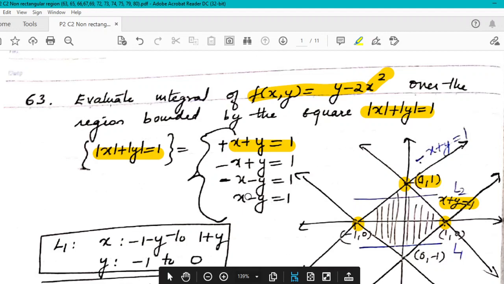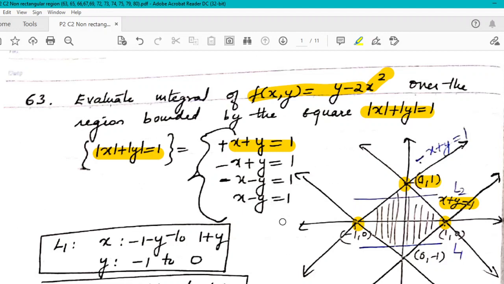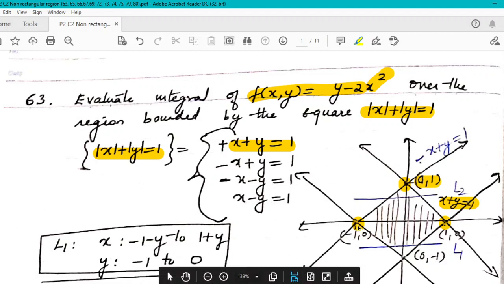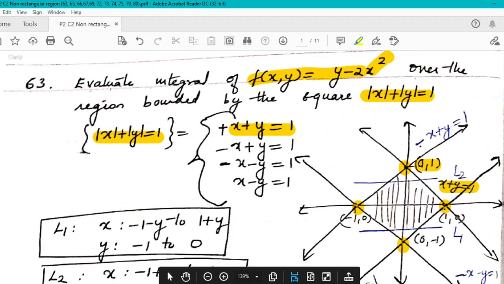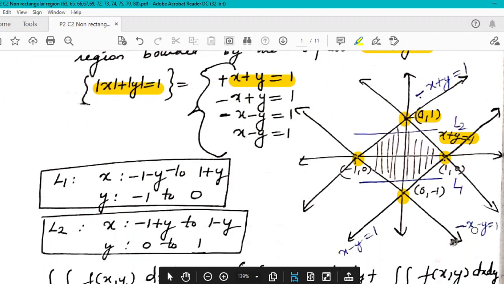Now the other equation, −x − y = 1. Put x = 0, y = −1, and y = 0 gives x = −1. So the line joining these two points is −x − y = 1.